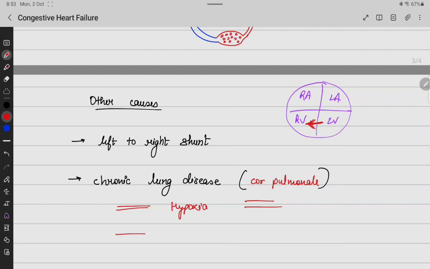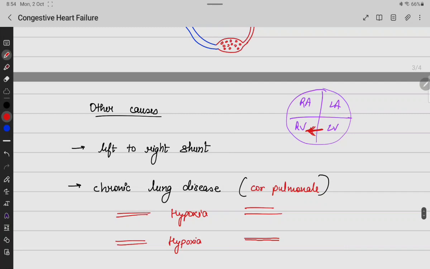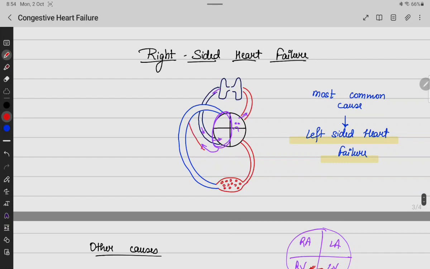But in the lungs, if the part the capillary is supplying is having less oxygen, it leads to constriction of the vessel, so that more blood can be diverted to more perfused areas, so as to maintain ventilation perfusion ratio. If there is hypoxia, it will lead to further constriction of these vessels, which will lead to increased resistance in this circuit, which can ultimately lead to right-sided heart failure.